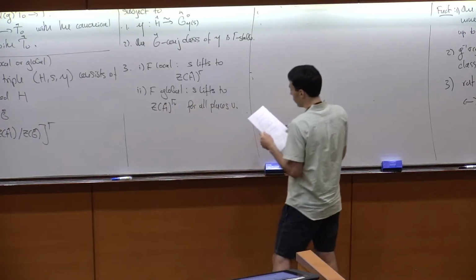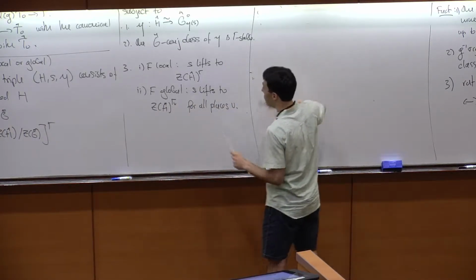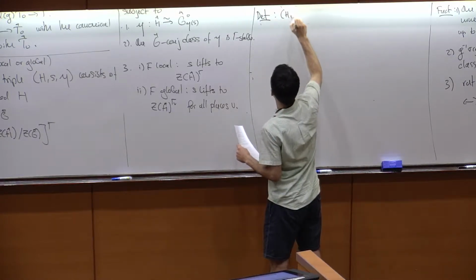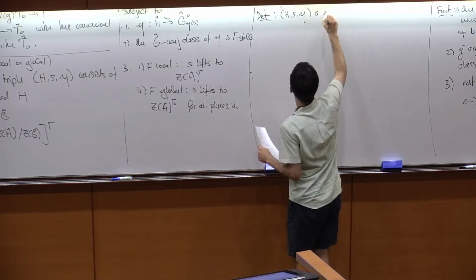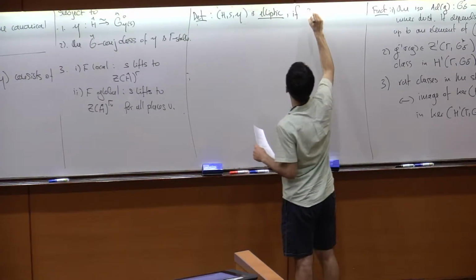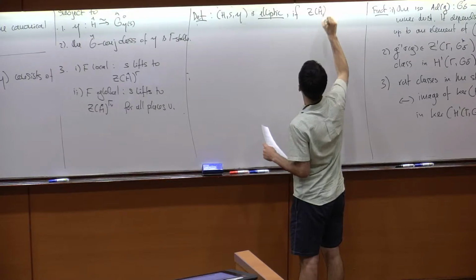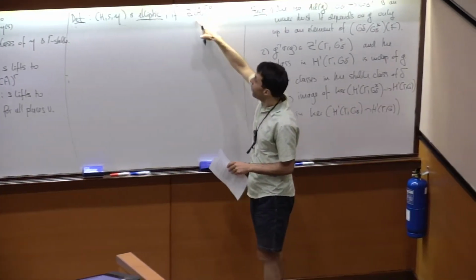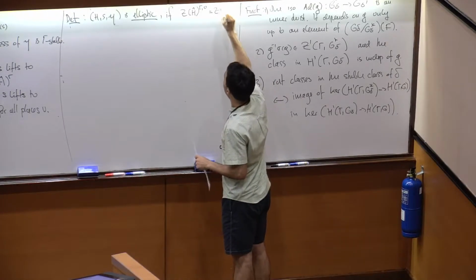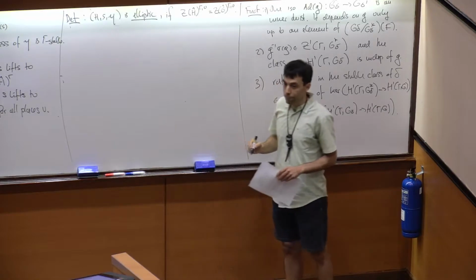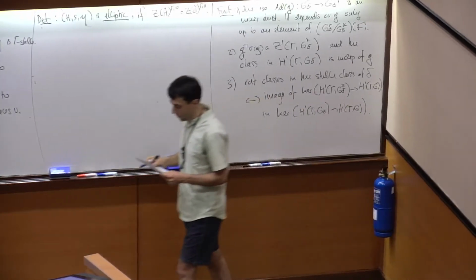And then there is also the following important definition. The datum is called elliptic if the connected component of the Galois fixed points of the center of H hat is equal to the same thing for G. That doesn't always have to be true.